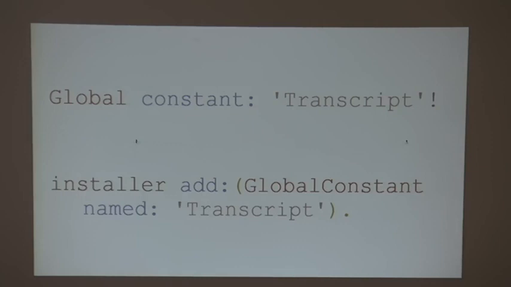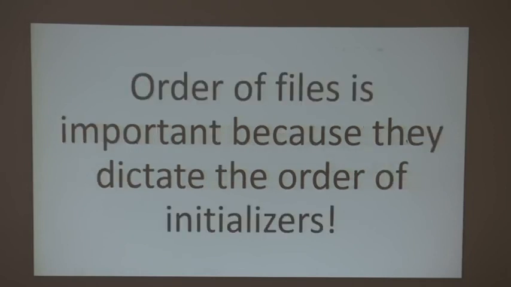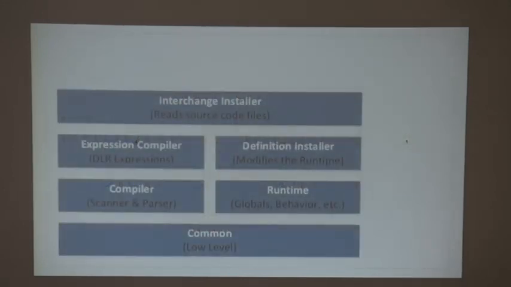So, for example, global constant Transcript creates a global constant named Transcript, which it adds to the installer context. Simple. It should be able to handle several input source files at once, but the order of the source files is important because it dictates the order of the initializers in those source files. So we have the interchange installer. We are almost ready.